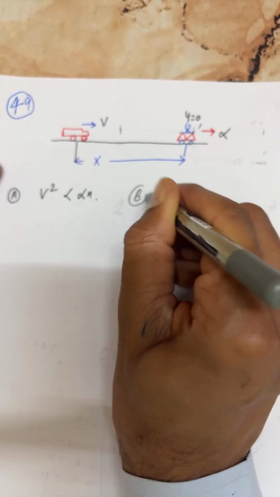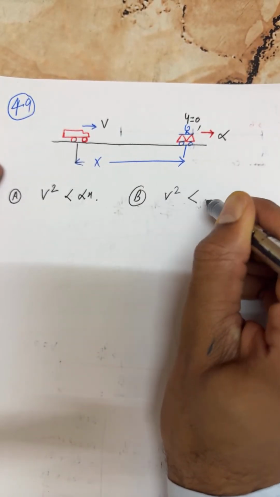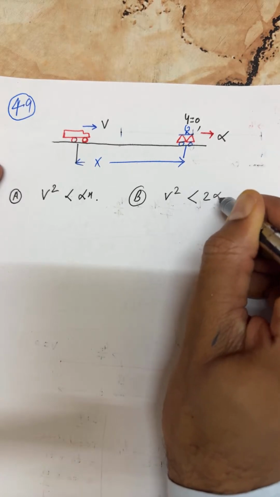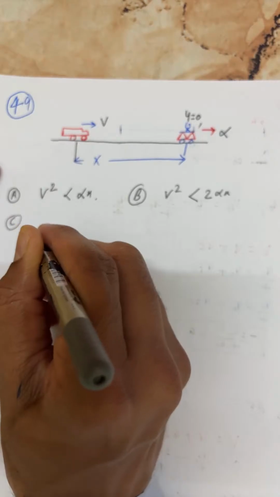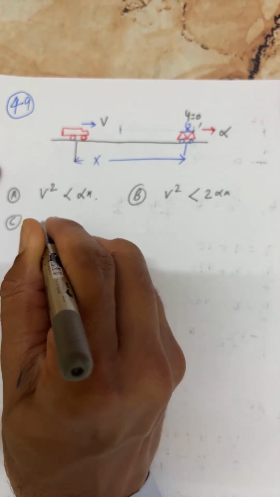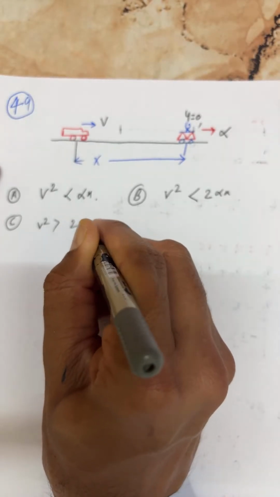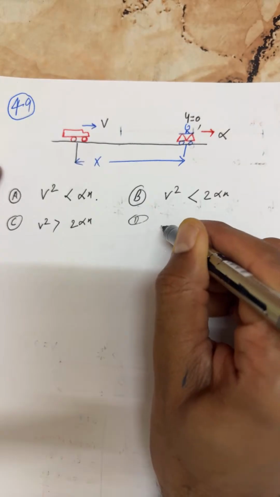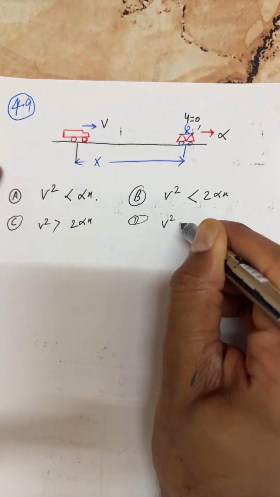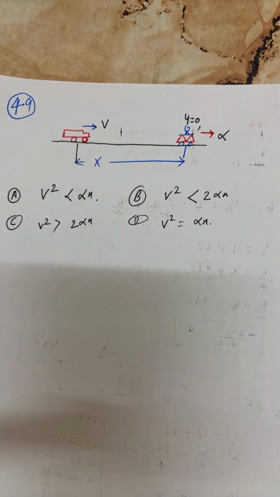Option second, v square less than 2 alpha x. Option third, v square greater than 2 alpha x. And option fourth, v square is equal to alpha x. Done here. That is the part of the question, my kids.